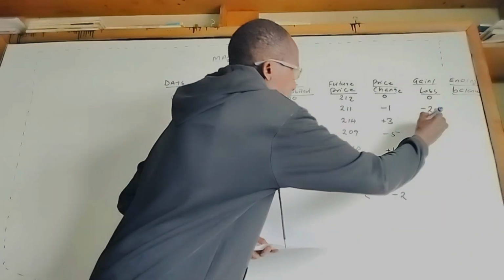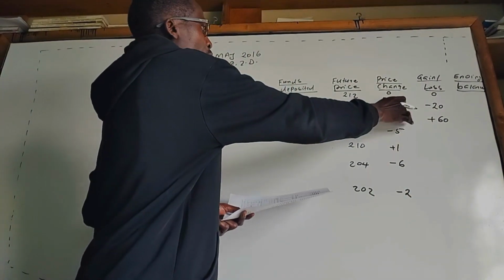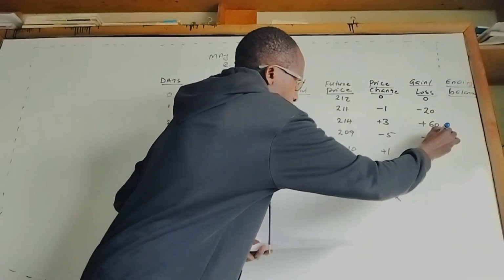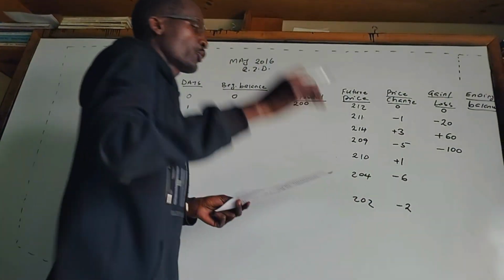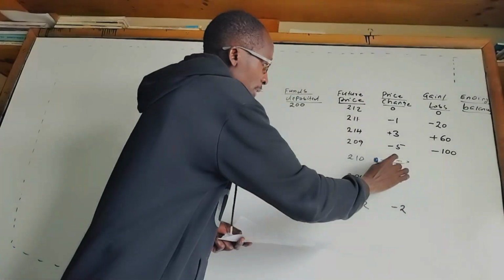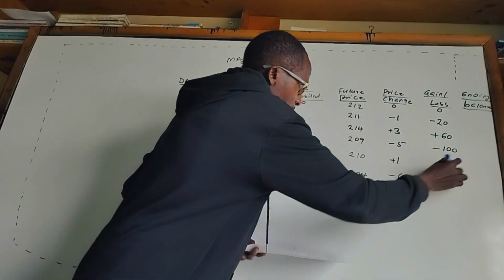Next one is positive 60, which is 20 contracts times 3. Now this is negative 100, because it is 20 times negative 5. 20 times positive 1 is 20.